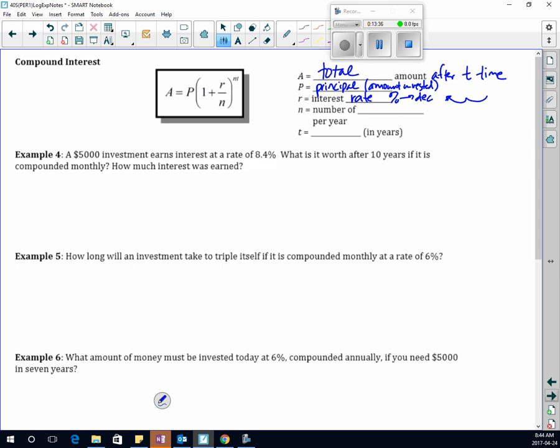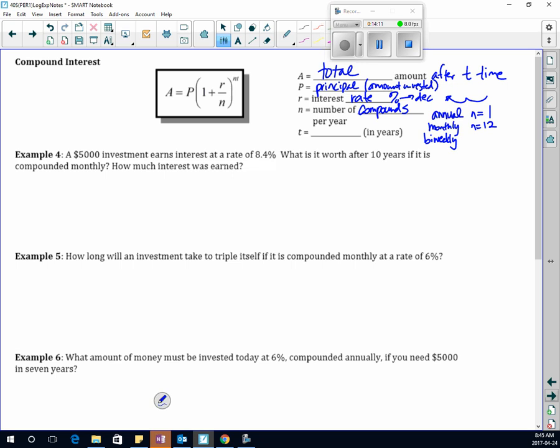N is the number of compounds per year. So if I say annual, what would N be equal to? How many compounds per year would that be? Yes, 1. Monthly, what would N be? If it was compounded monthly, how many times a year would that be compounded? 12, yeah. Let's say biweekly.